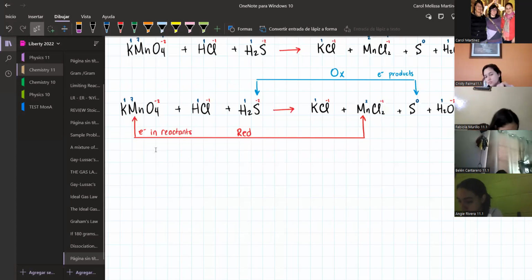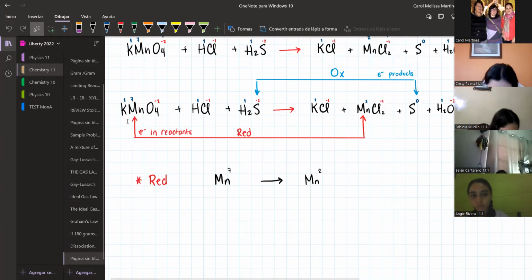The reduction part is with manganese, okay? We have manganese with a charge of 7, and we have manganese with a charge of 2. Okay?